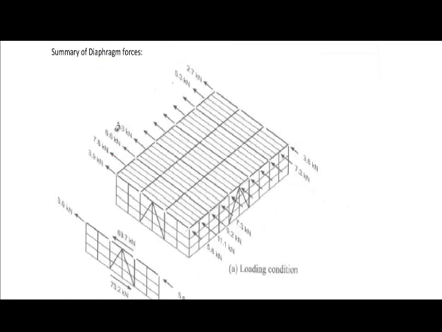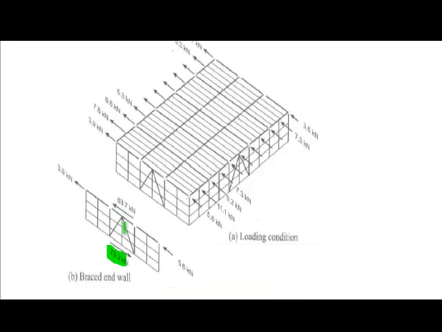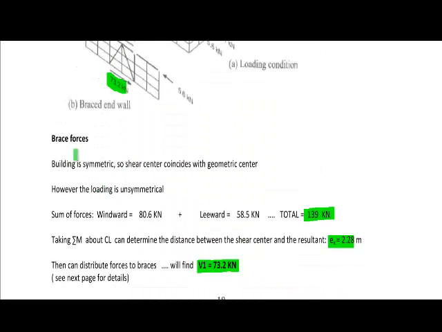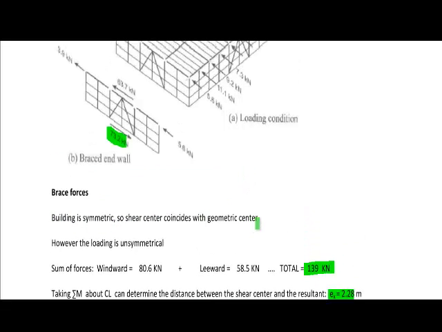Once we've determined these point load forces which are acting on the diaphragm, we can also determine the forces which are acting on these brace bays. So you can see here they find a value here of 73.2 kilonewton. So what they do is, first, the building is symmetric, so the shear center coincides with the geometric center.